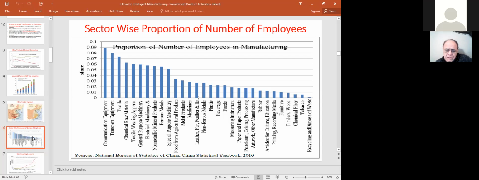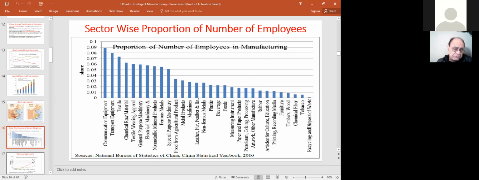Any enterprise, any manufacturing unit anywhere in China can be connected to large cities, and they can do trading with them, manufacturing, transporting, and the system is working because of intelligent manufacturing coming into it.